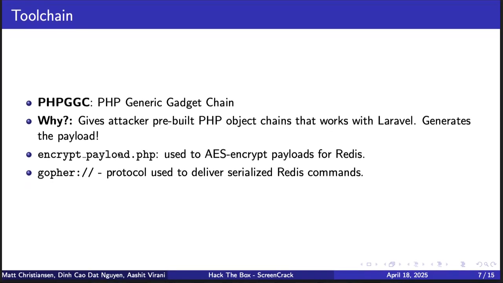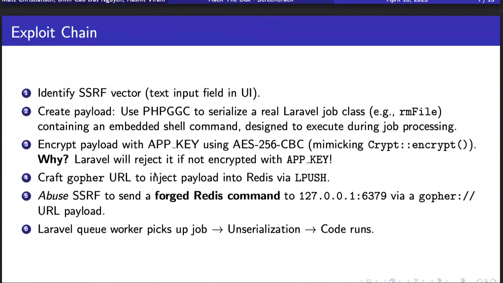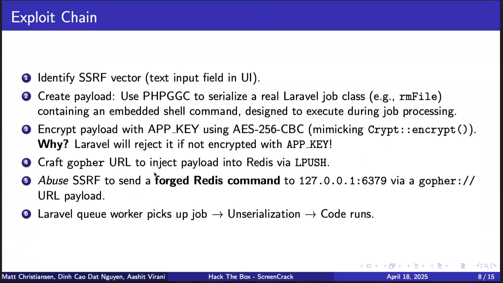We use PHP generic gadget chains. So this gives the attackers pre-built PHP object chains that work well with Laravel. So encrypt payload.php is a script that we use to AES encrypt the payloads for Redis, because Redis doesn't take anything that's not encrypted. And then we use Gopher for the protocol, because HTTP and HTTPS did not work with Redis.